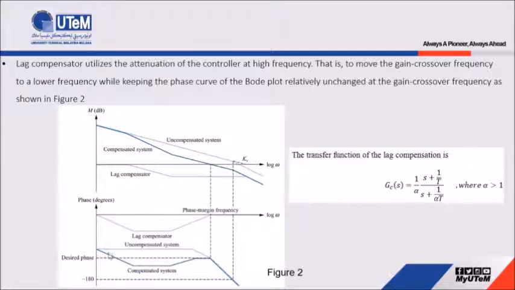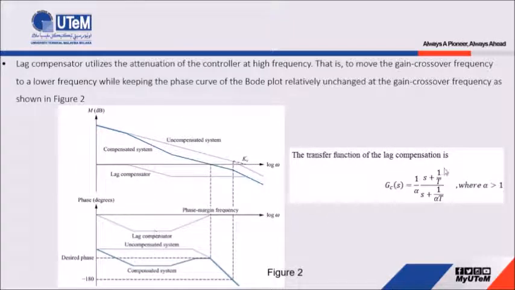This one refers to the uncompensated phase plot. This is the lag compensator that we designed based on this transfer function. When we combine this lag compensator and the magnitude plot for the uncompensated system, the result becomes like this, and also the same for the phase.